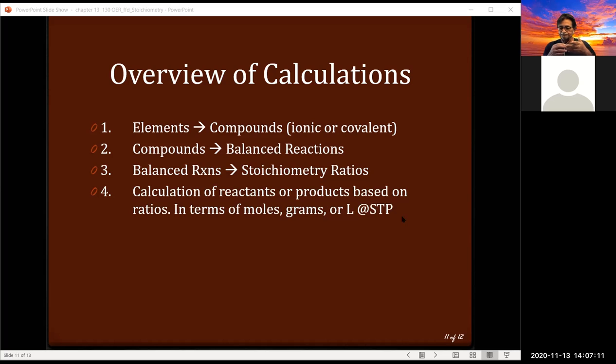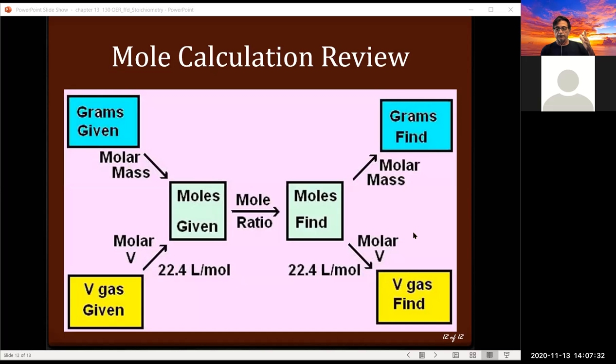Once we know that, we can make calculations of reactants and or products based on these ratios, and we can make these calculations in terms of moles, in terms of grams, or in terms of liters if we are at STP. Okay, I emphasize that, only at STP.